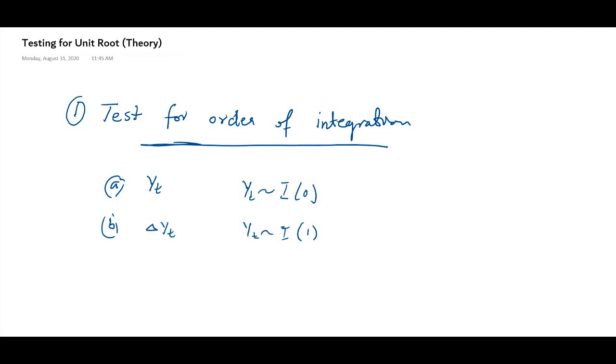Again, if we find a unit root after taking the difference, then we have a third step: we take another difference of yt, delta square yt, and see if it is integrated of order 2 or not. We check for the unit root. If we find any unit root, then it is not integrated of order 2. Otherwise, we can safely say that this is integrated of order 2.